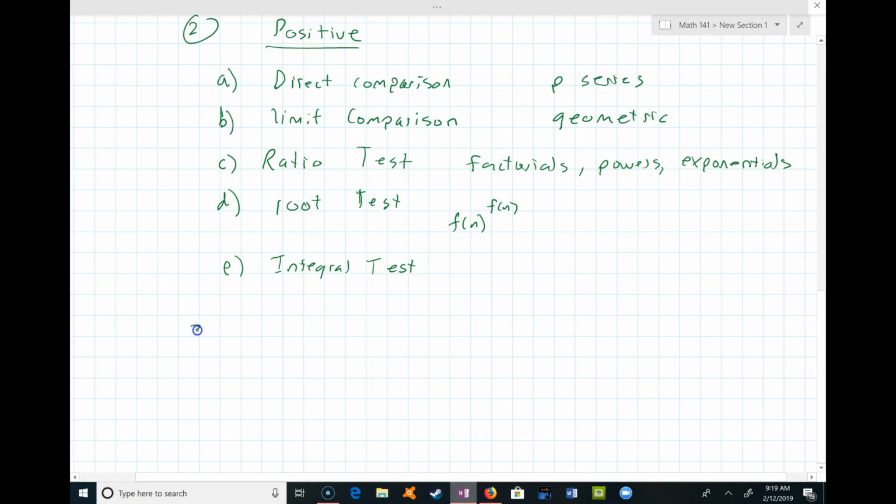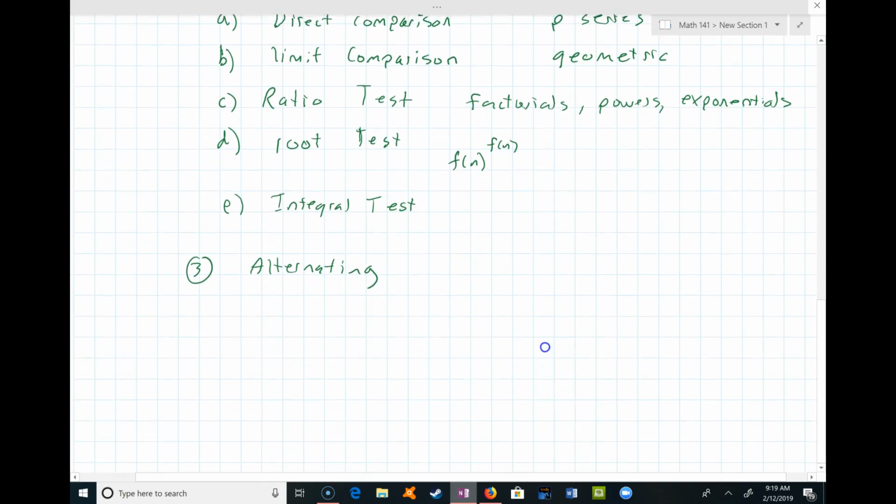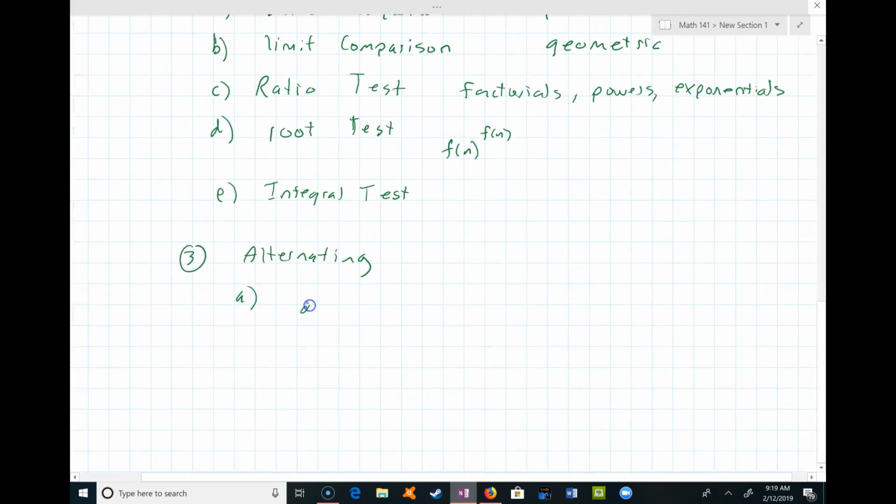Then the other case is if it's alternating, then you really have two options. Well, actually, if it's alternating, you can use the ratio test because of that absolute value. But the first option is absolute convergence.